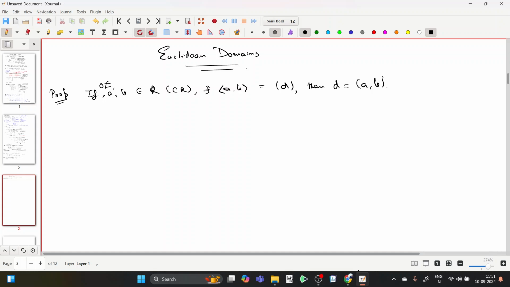What's important to observe here is that this is a necessary condition, not sufficient. This is a necessary condition, right?